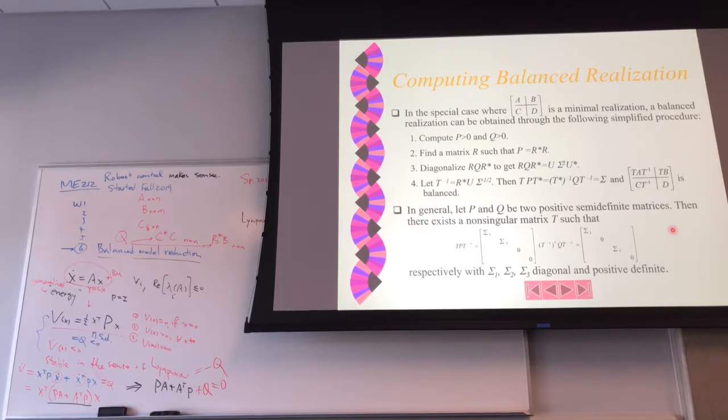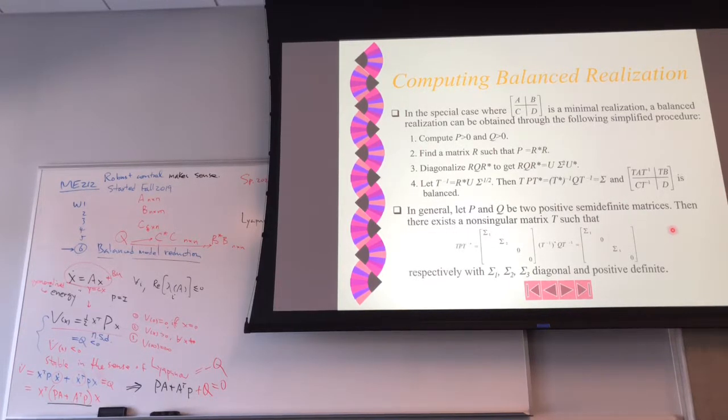So then you can see that this similarity transformation T becomes like this. Then you put in the P. This is called similarity transformation. So make that, and you end up with this, which should be diagonal.